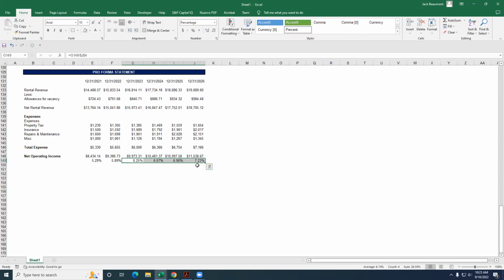Because it's increasing, we would expect the value to increase, because the value of something is based off of how much cash flow it's producing. So we would assume that this cap rate is going to come down. But because the property is going to be older after these 5 years, and if we haven't made any expenditures to it, the cap rate's probably going to increase because there's more risk now, because the next person who buys this property is going to have to put work into it.